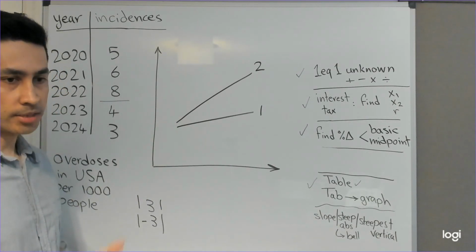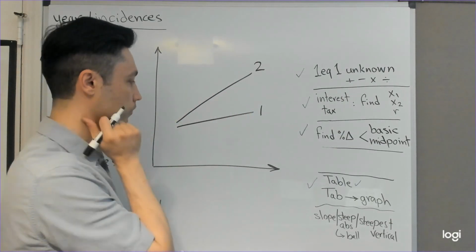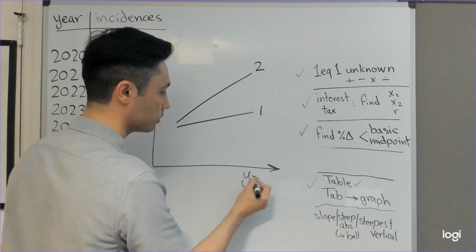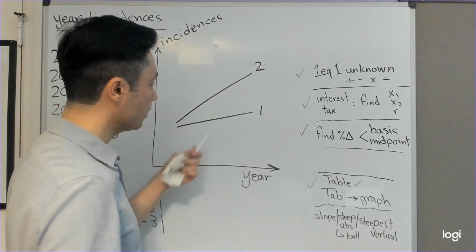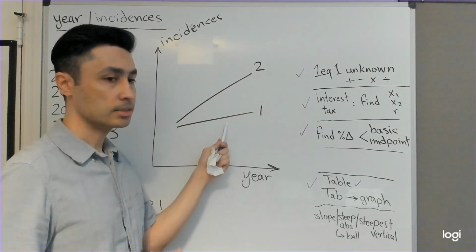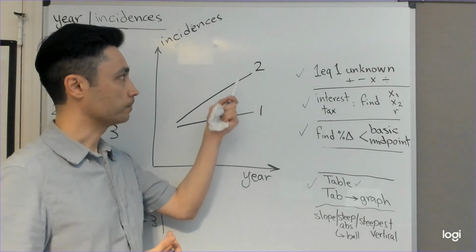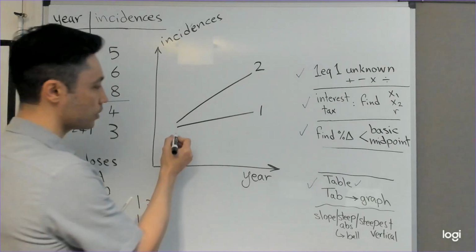And both of them are positive because both of the trends are upward, they are increasing over. Let's say if I have year and incidences in countries 1 and 2, I can say the incidences are rising in both countries 1 and 2, but the incidences are rising more rapidly in country 2 because the slope is greater.